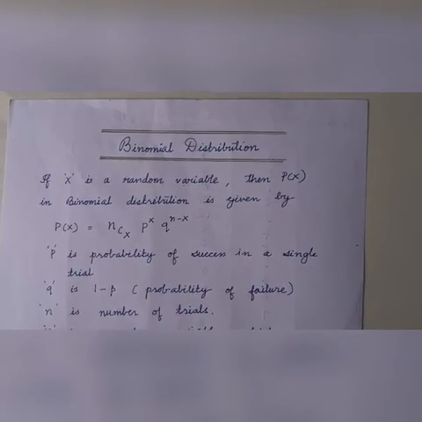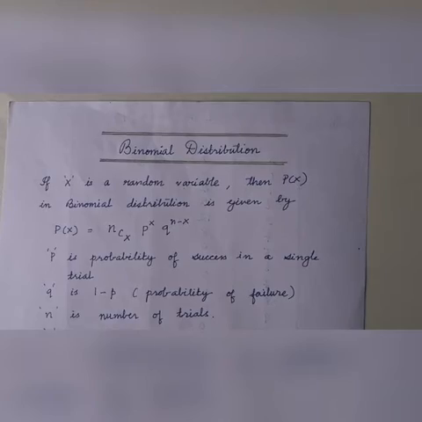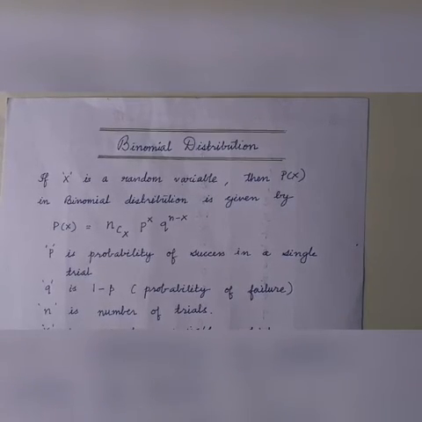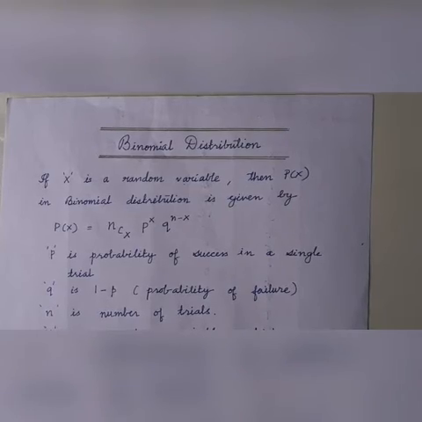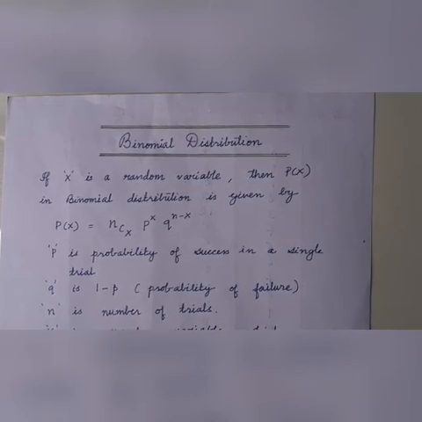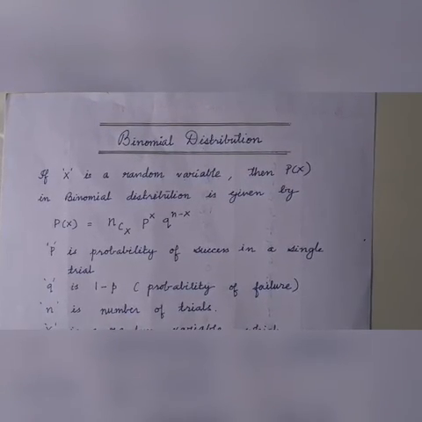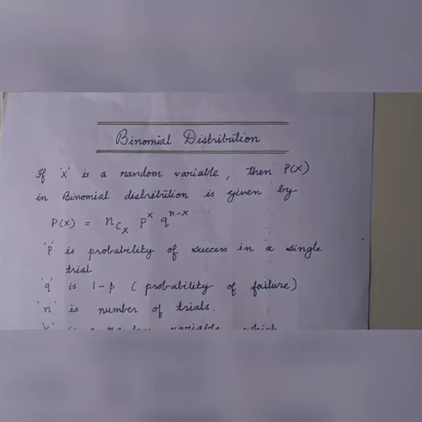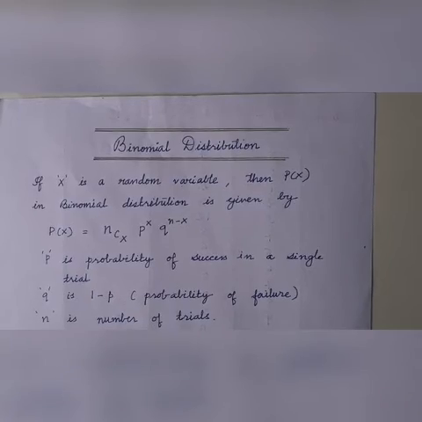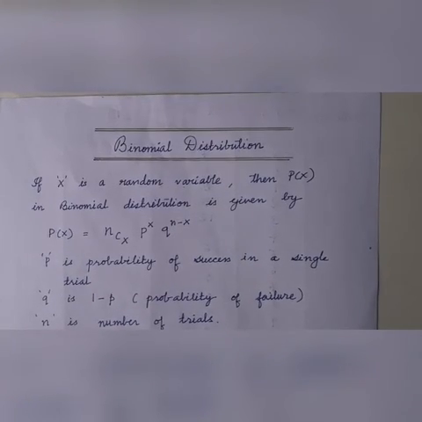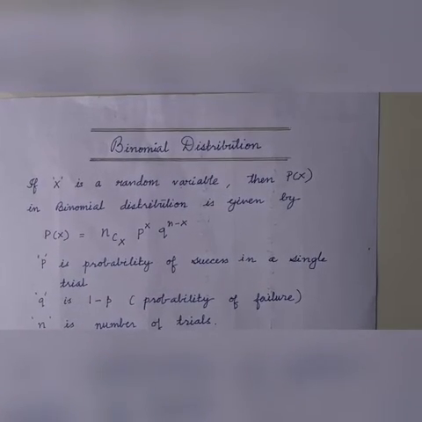If x takes a finite value, I mean if it takes discrete data, then we call that random variable a discrete random variable, and we could use discrete random variables for binomial distribution, Poisson distribution, hypergeometric distributions and so on.